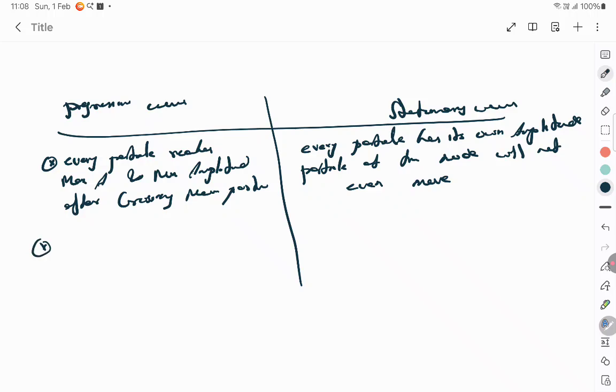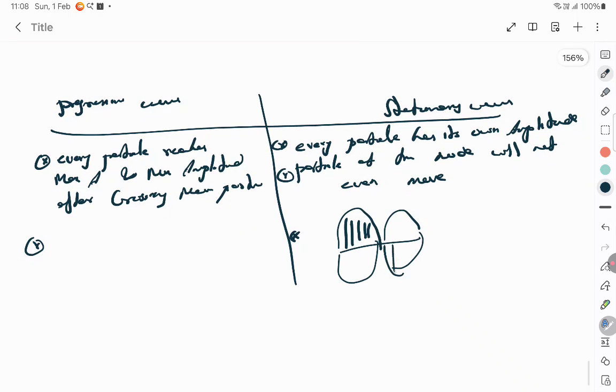So then what else can we say? If you see, this is one segment, this is another segment. The particles in one segment will vibrate in one phase. The particles in the adjacent segment will vibrate in a different phase.